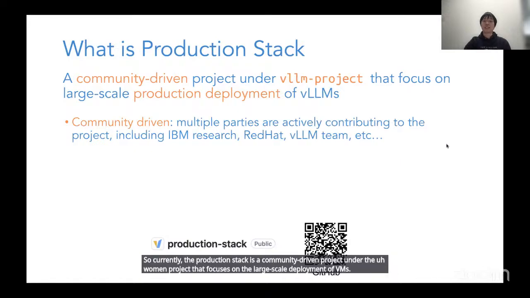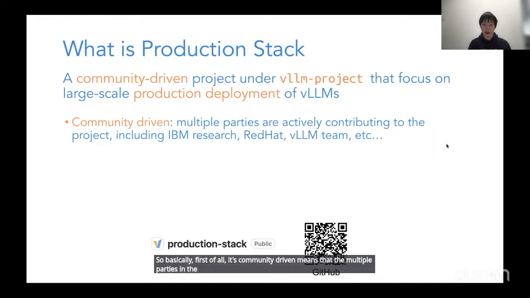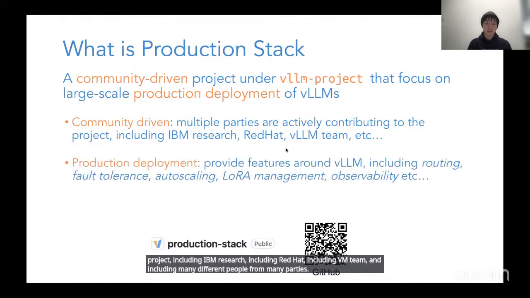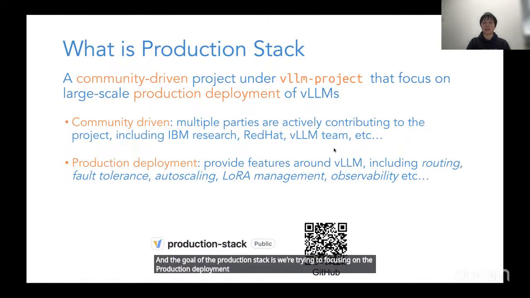It's community-driven, meaning that multiple parties in the community are actively contributing to the production stack project, including IBM Research, Red Hat, the vLLM team, and many different people from many parties.